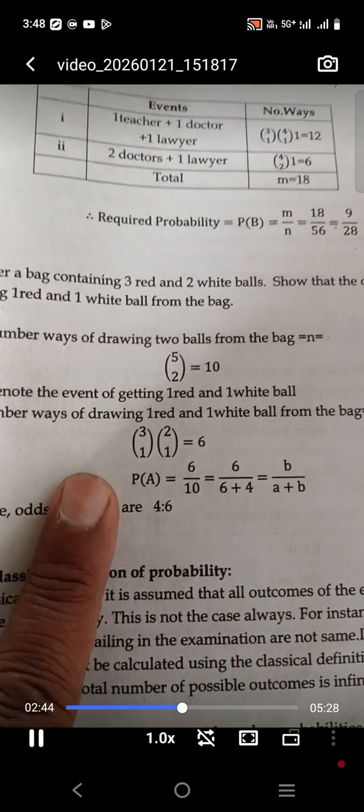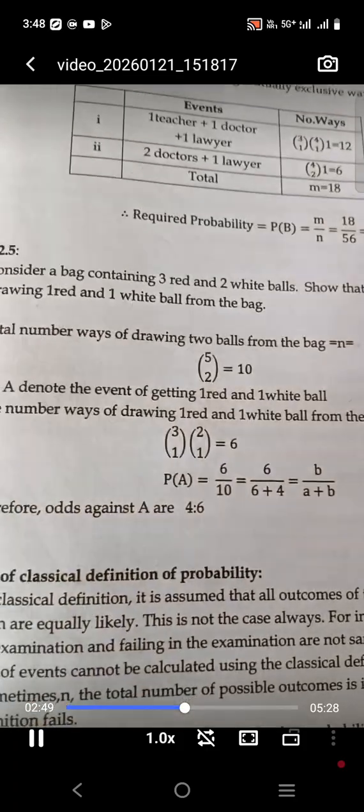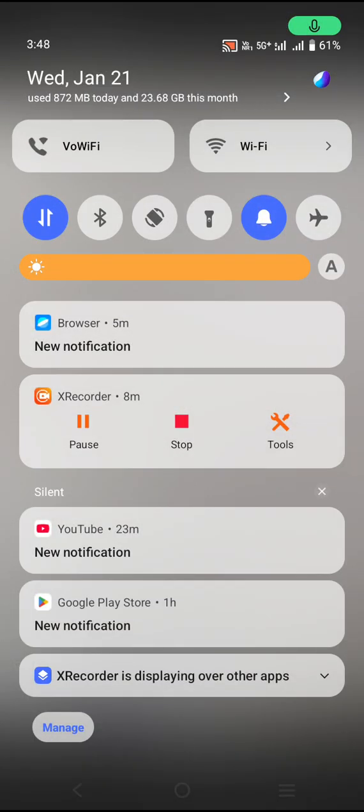And therefore the probability of event A, of getting one red and one white ball, is P(A) equal to m by n. m is the favorable number of outcomes and n is the total number of sample space.